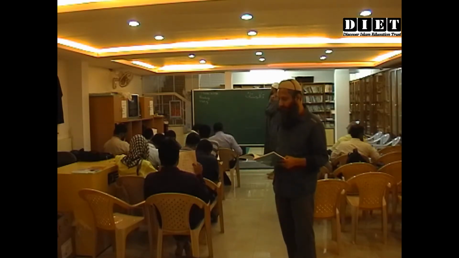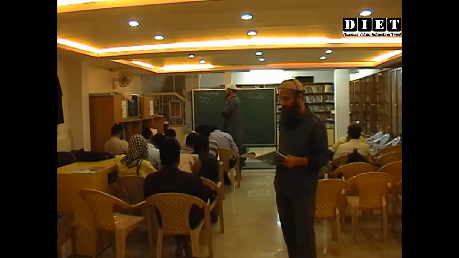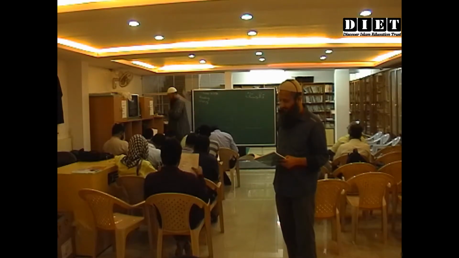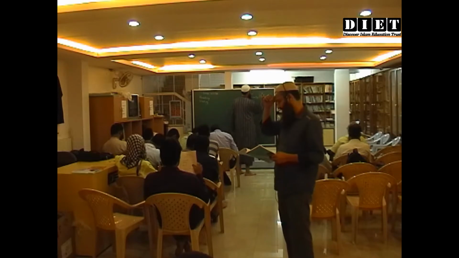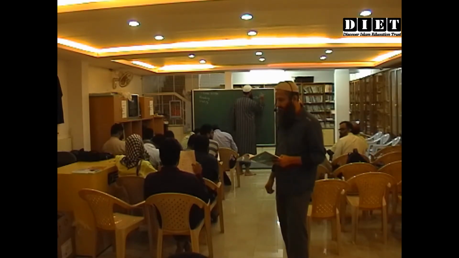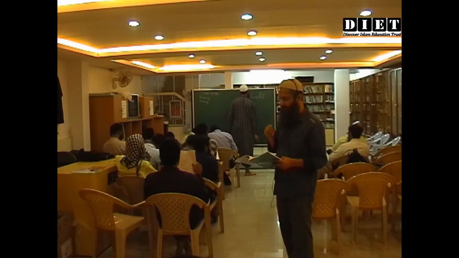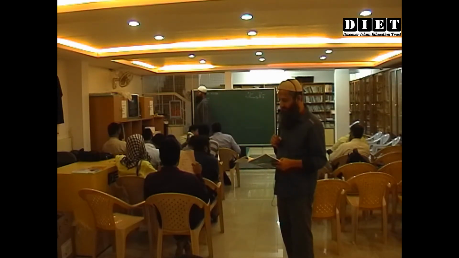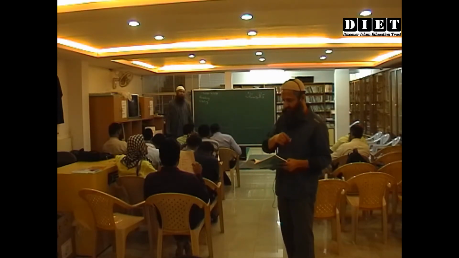What does al do? Al makes it the. And what does it do to the last letter? It gives the damma. In the default without al, how will it be? Dammatain. Correct.